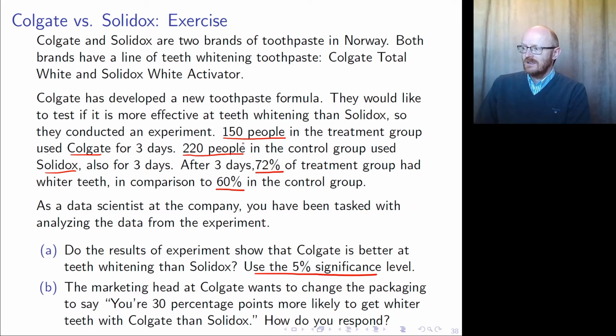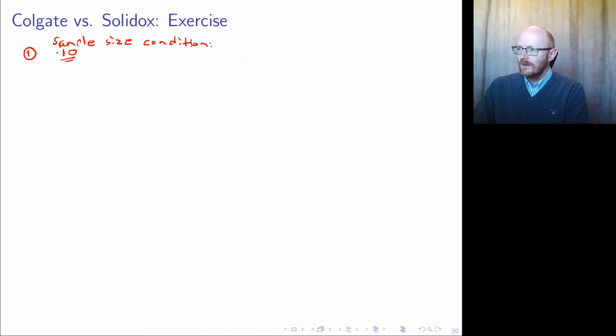So that's 28% of 150, which is also more than 10. Doing the same exercise with the Solidux sample, we see that there are more than 10 hits and misses. So it needs to be more than 10, and it's okay.